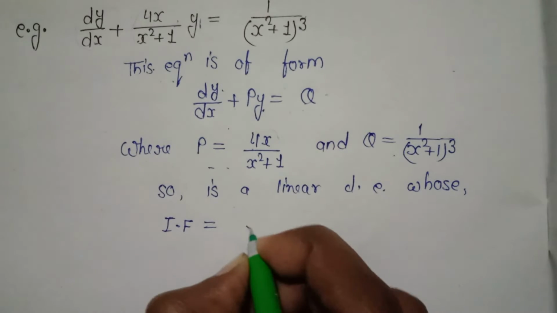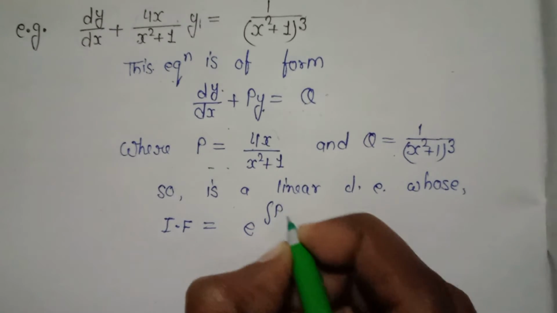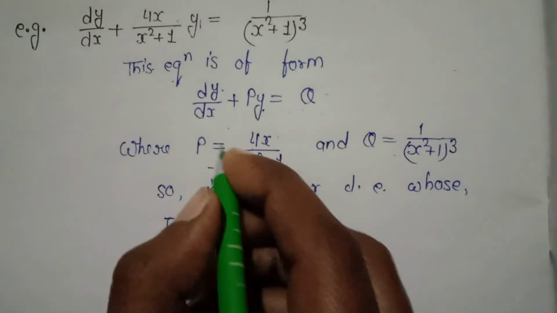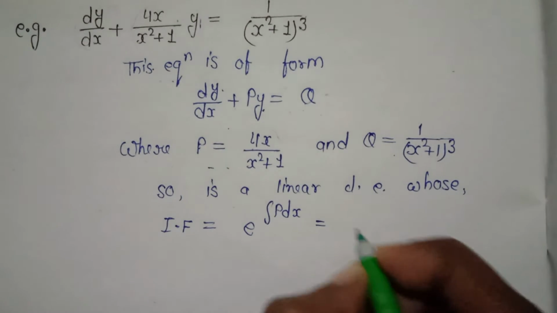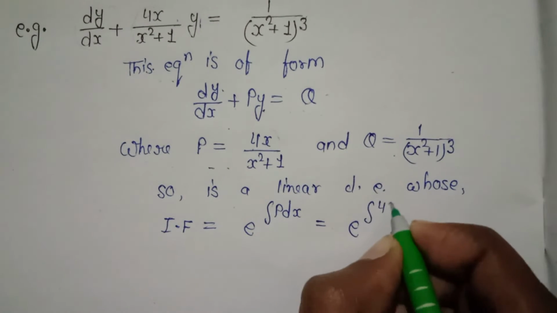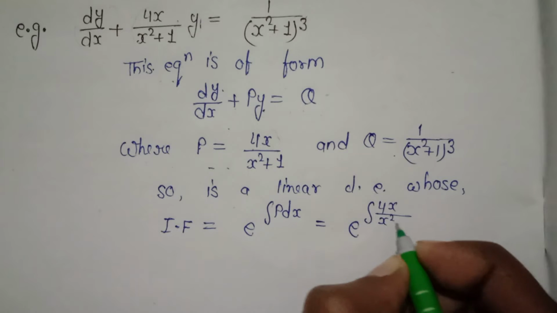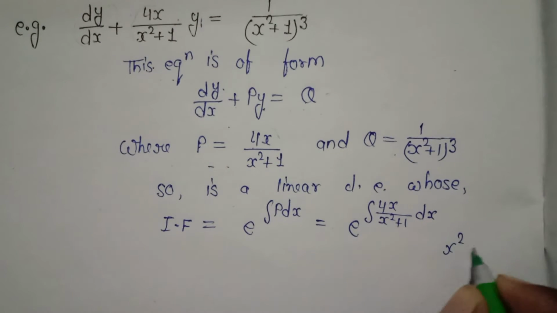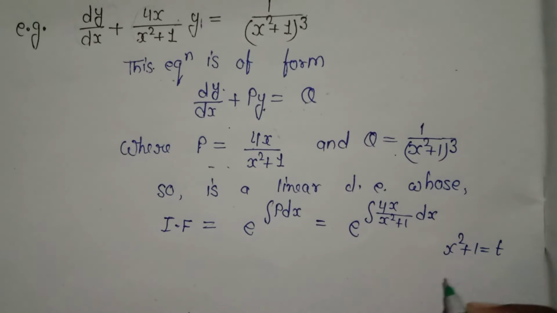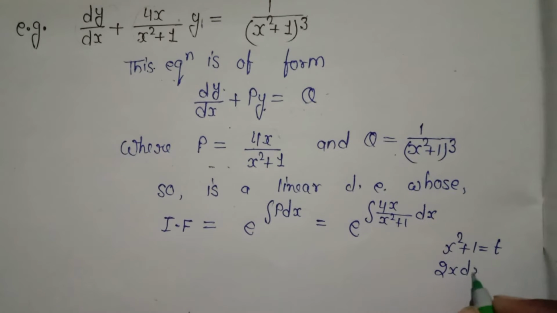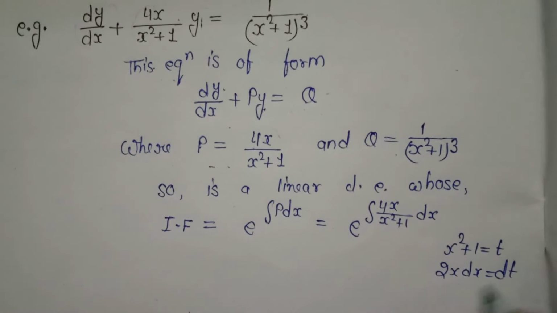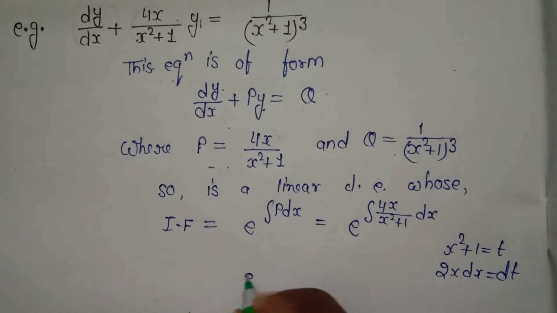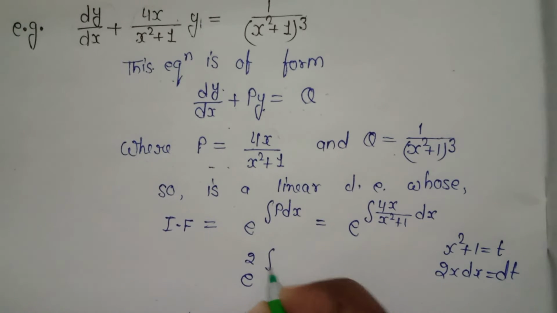What was that? e raised to power integral of p dx. So what is p here? e raised to power integral of 4x upon x square plus 1 into dx. You can take x square plus 1 as t and 2x dx is equal to dt. So I can write here 2 dt upon t.